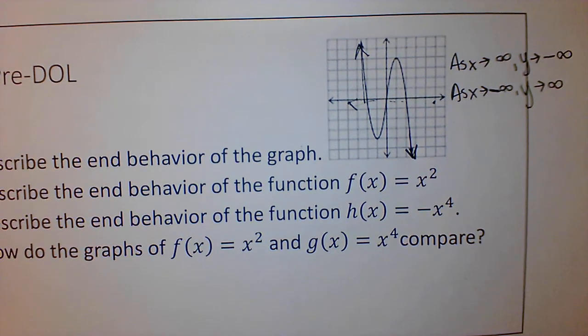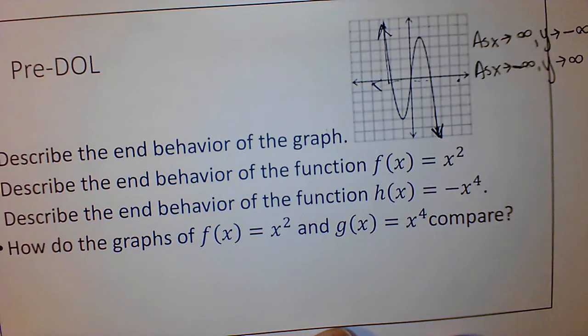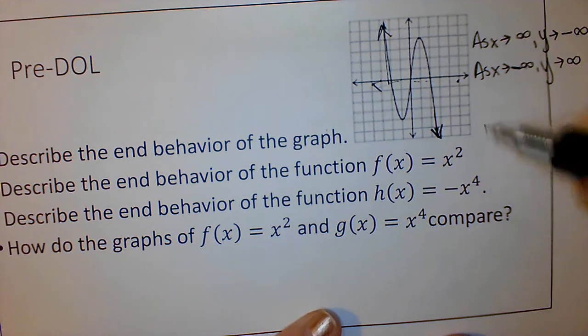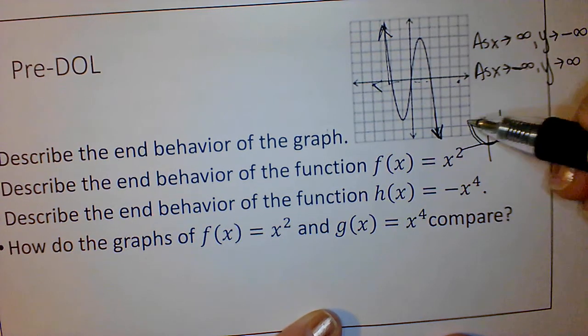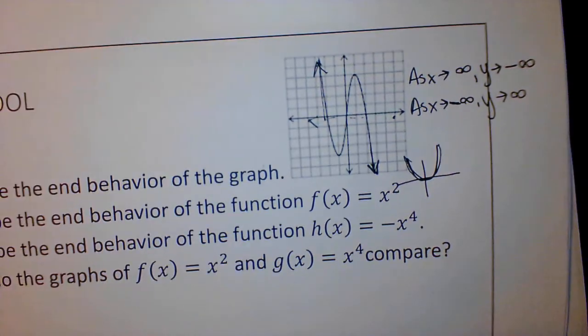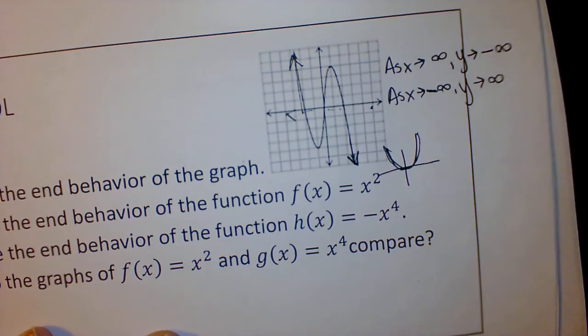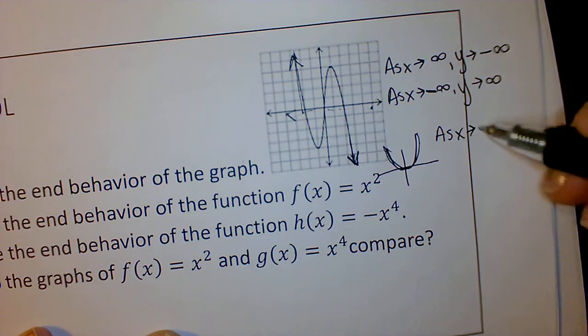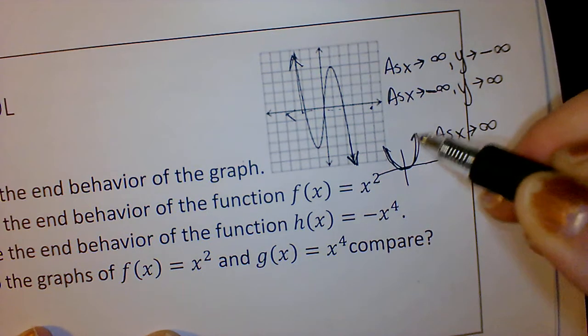Okay. Question number 2, describe the end behavior of the function x squared. X squared is just a regular old parabola. Looks like that. Both ends of this graph are going up. So as x approaches infinity, as we go to the right, our graph is going up.